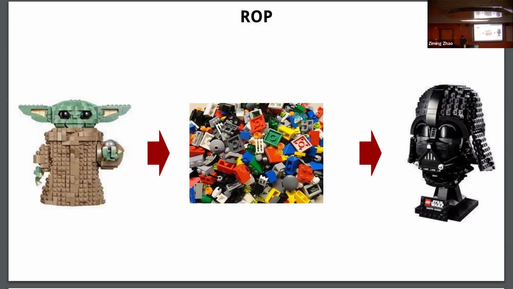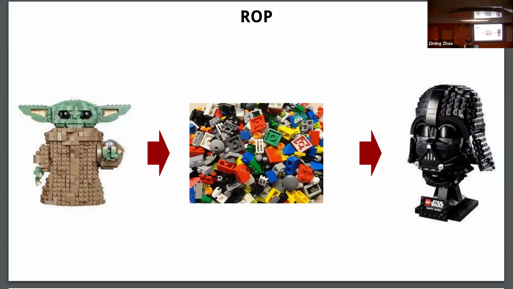Okay, so we already learned how to do return-oriented programming. Now you should have a basic idea what we're doing. We're basically looking for gadgets in the address space and reusing those gadgets. Those gadgets could be random bytes, they could even be the data part of an instruction.